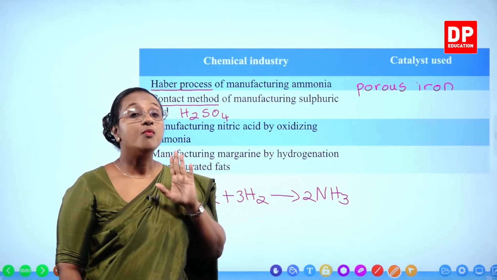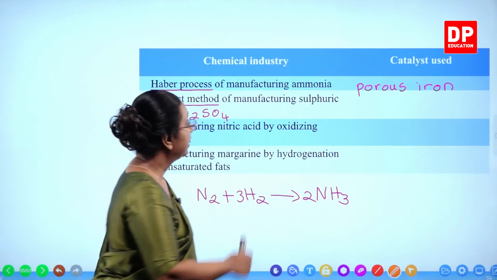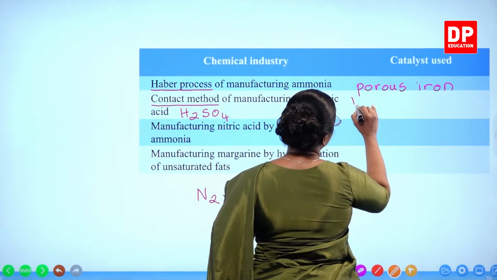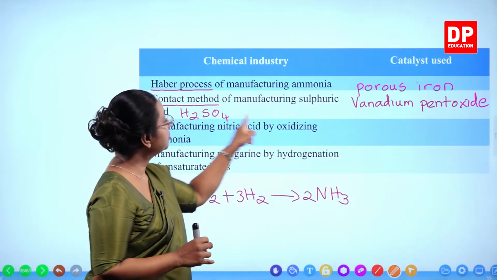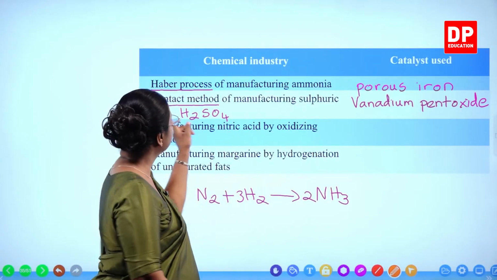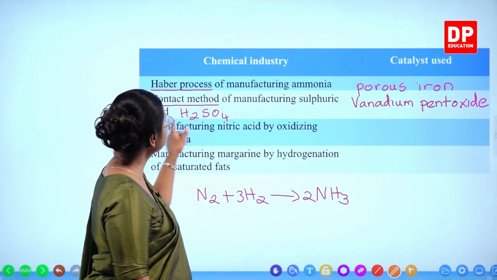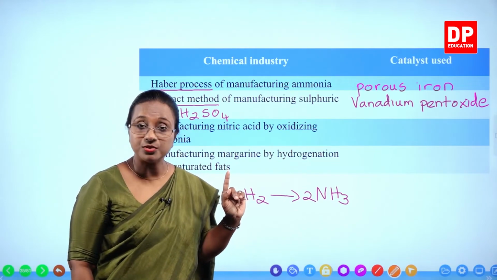In that, the catalyst known as vanadium pentoxide. Vanadium pentoxide. That is the catalyst used in this process. Contact method of manufacturing sulfuric acid, H2SO4.